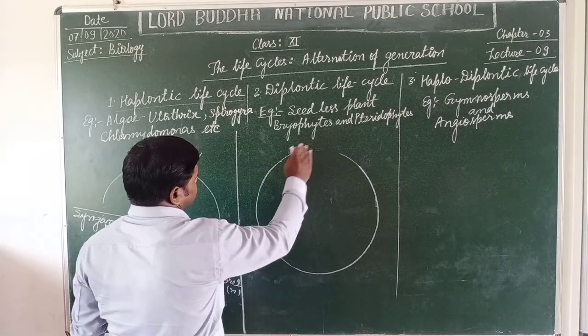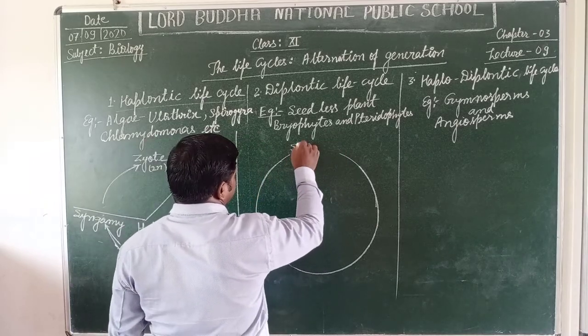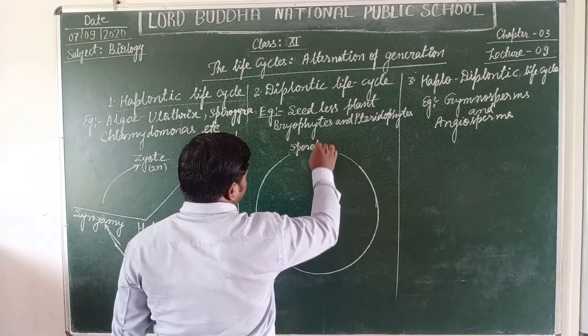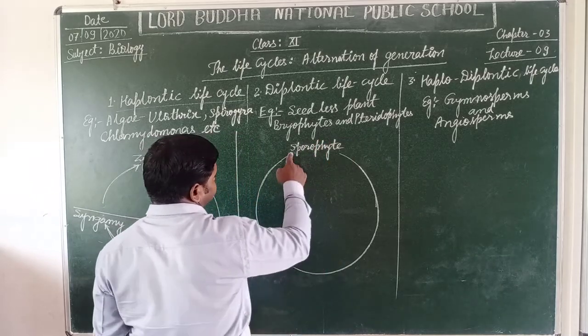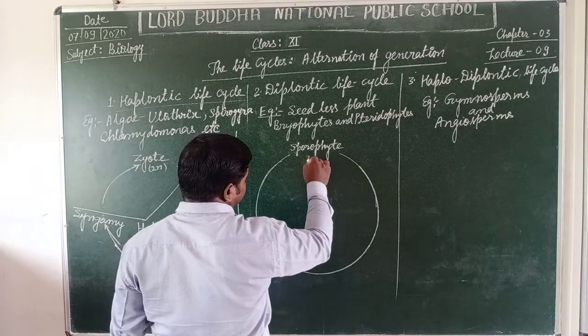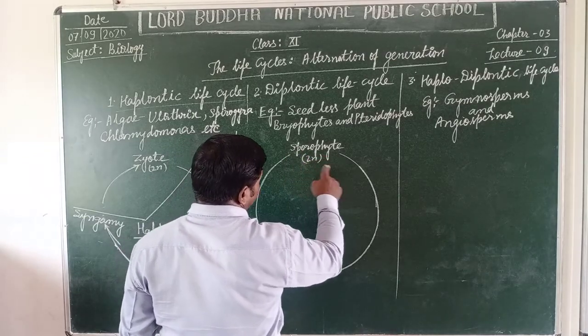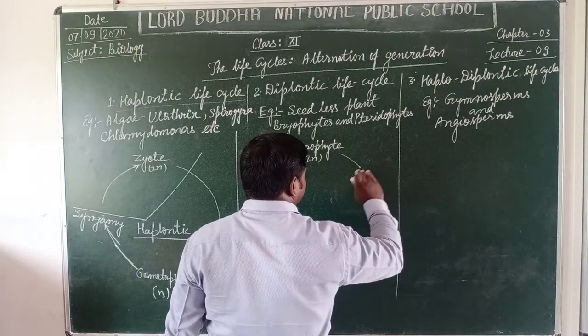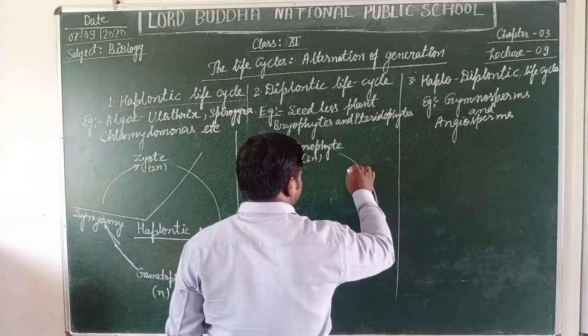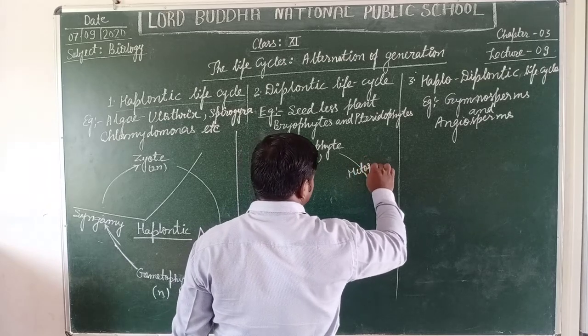The main plant body is sporophyte, and sporophyte is the dominant phase containing diploid number of chromosomes.